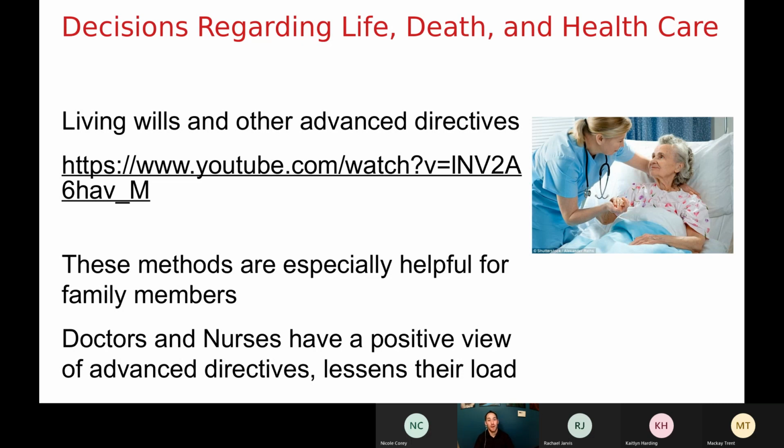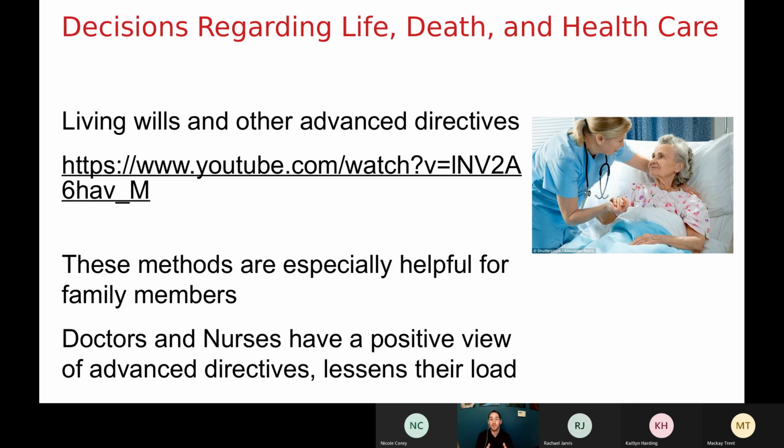Doctors and nurses really like advance care directives. It makes it so much easier for them to know exactly what they can and cannot do. It means they don't have to be a go-between between those fighting families. It means that in a hospital setting, for example, and this will come up again in this lecture, their goal is to extend life, to save and extend life.